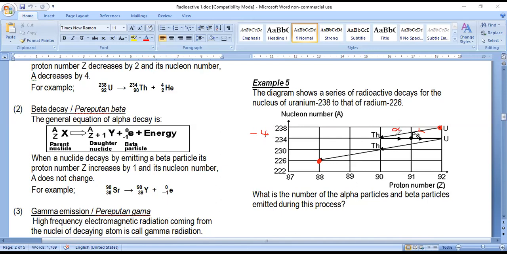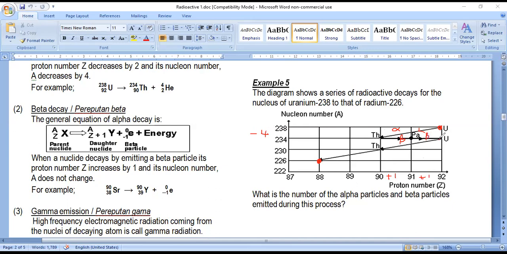Okay, and then from here to here, your nucleon number doesn't change, still remains at 234. But you can see that your proton number plus 1. So I know this is beta. From here to here, nucleon number remains the same, but I can see the proton number increased by 1. So this is also beta.